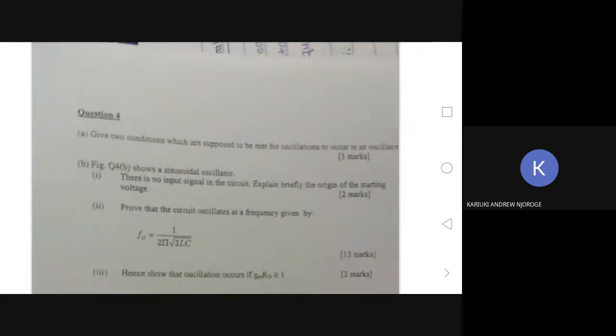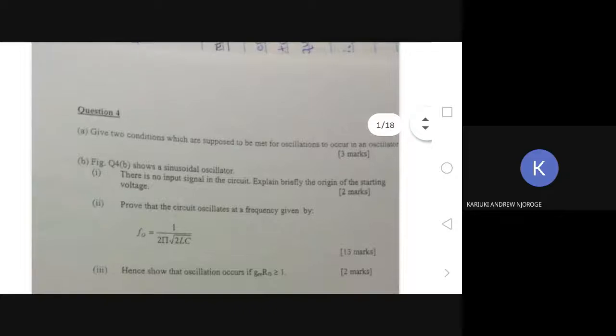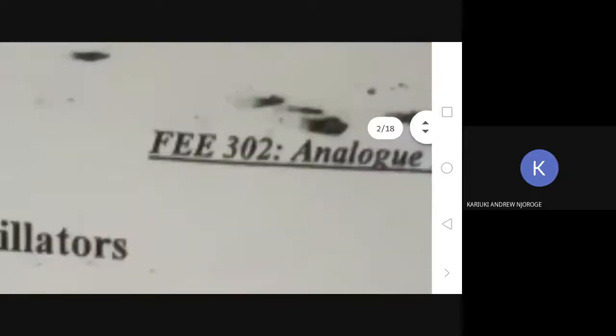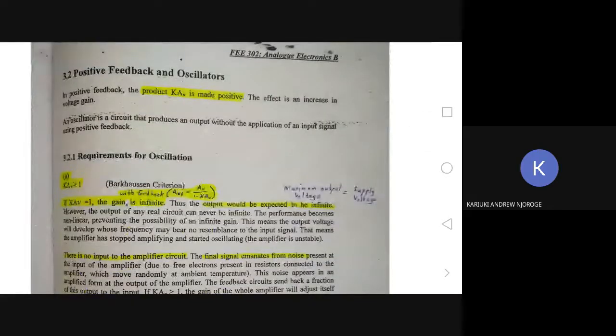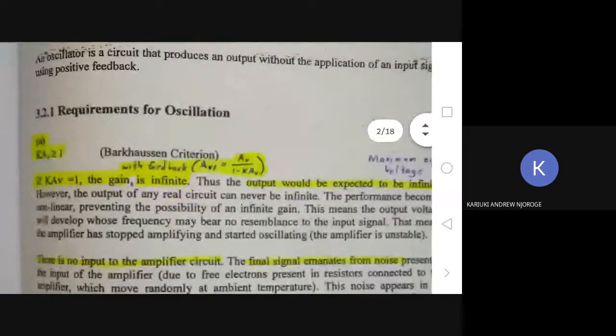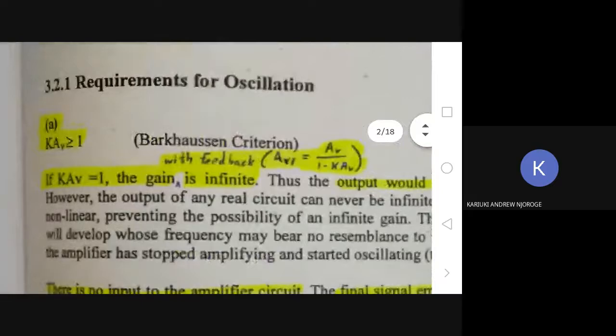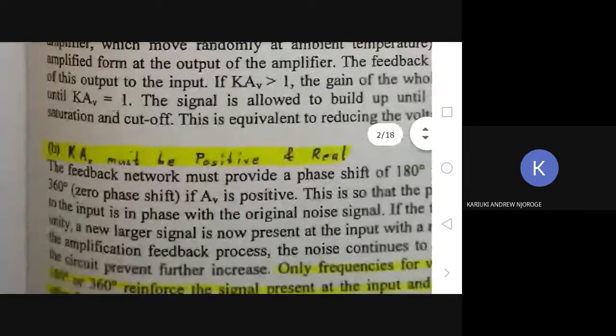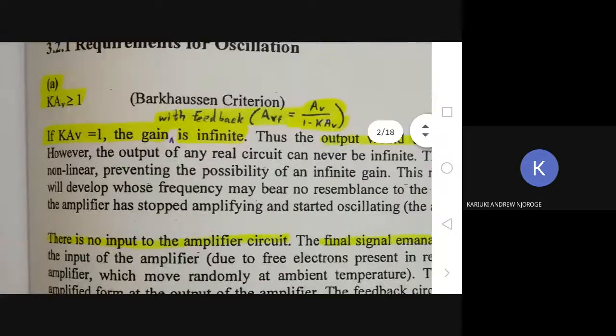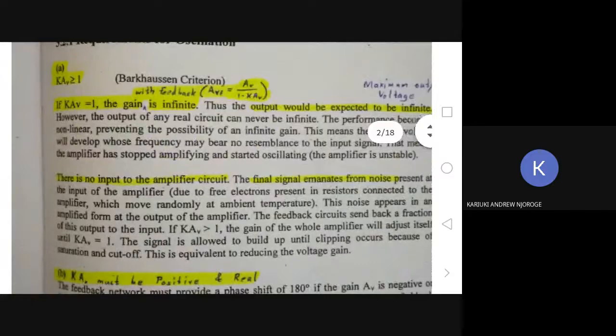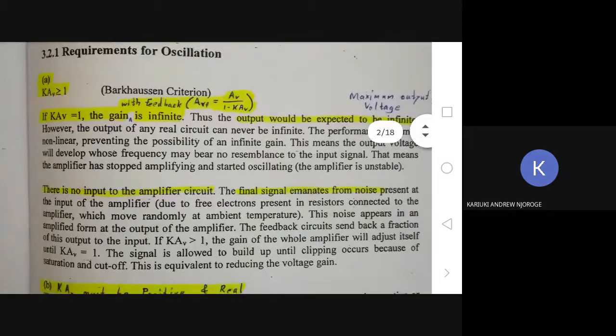It's asking for the two conditions which must be met for oscillations to occur in an oscillator. That's from the notes. There's the Barkhausen criterion, which is KAV must be greater than or equal to 1, and KAV must also be positive and real. Then he explains how oscillators don't have inputs.